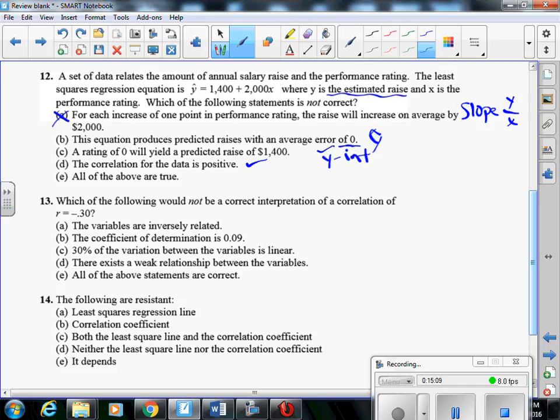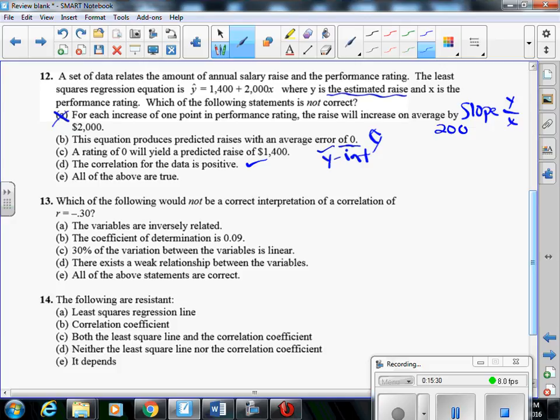So I'm going to go back and look at A, because I marked that one out for sure, but maybe I'm confusing myself. For each increase of 1 point in performance rating, so they're saying going up by 1, the raise should increase $2,000.